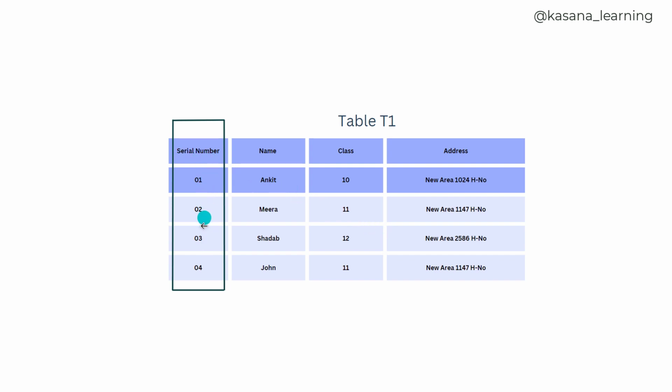We know that no two serial numbers will be the same, and neither does it contain any null value. So this column is able to uniquely identify the data in the table. This is an identifier, and as it was not predefined in the table, we have introduced it externally, so we will call it a surrogate key.